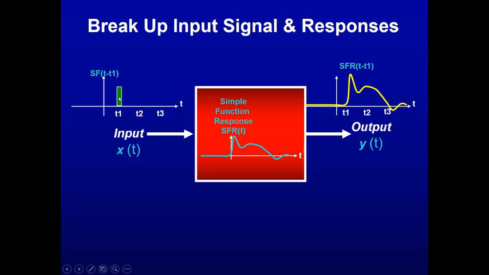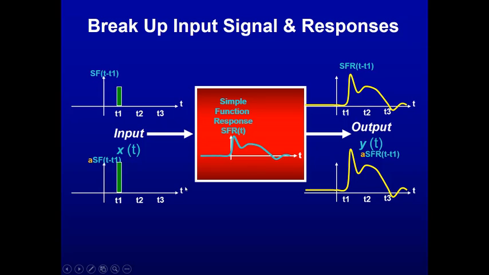And if we delay our simple function by t1, we know our output will be delayed by t1 and have the same shape because it's a time invariant system. And if we scale the height of our simple function, even the delayed one, we know the output's going to look like a scaled version of the delayed simple function response.